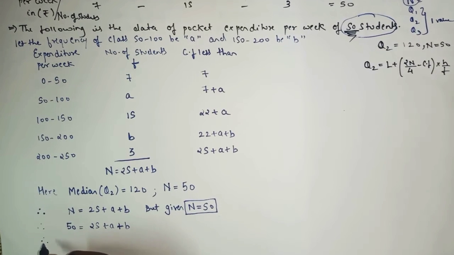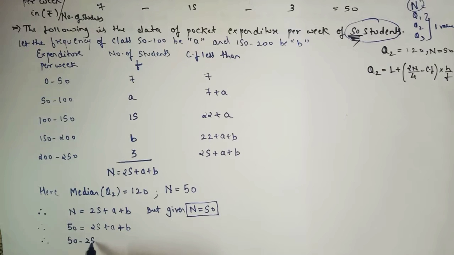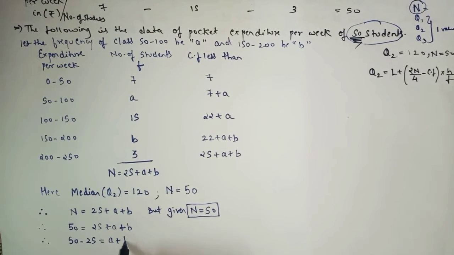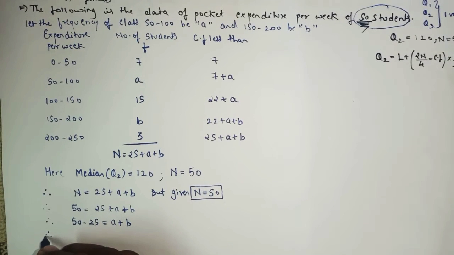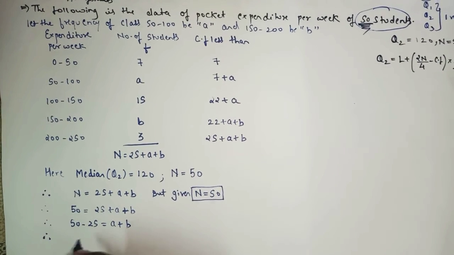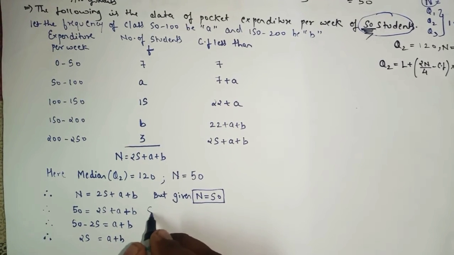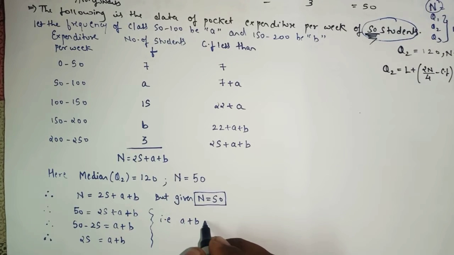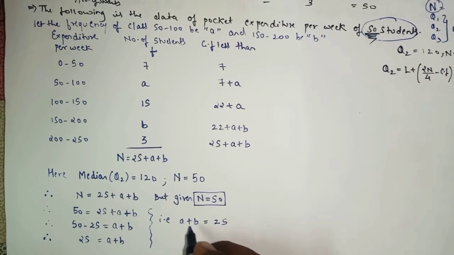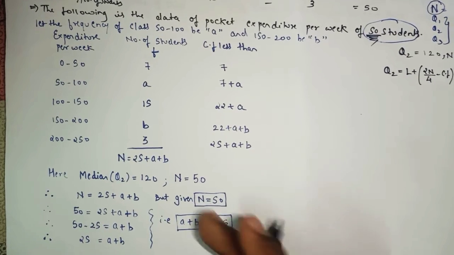After this we'll shift this 25 to the left hand side. So 50 minus 25 will be 25, equals a plus b. So here we got one equation, a plus b equals 25.